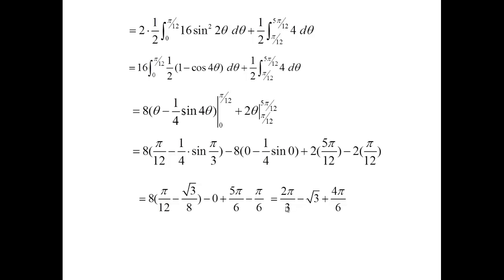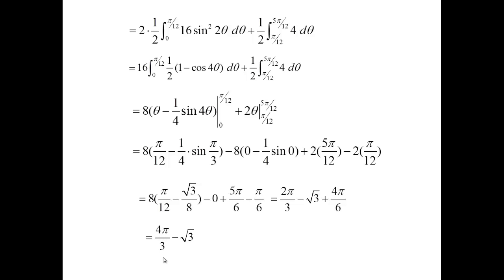So now if I get a common denominator here, 2 pi over 3 is 4 pi over 6, or 4 pi over 6 reduces to 2 pi over 3. You can combine those two terms to get 4 pi over 3 minus square root 3.